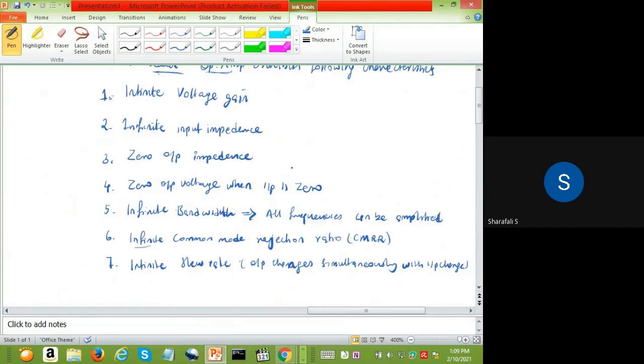That is the slew rate. In the ideal case it will be infinite, which means that if you change the input, the output will change very quickly, simultaneously. So slew rate means if you are changing the input, when the output is going to change in time. If it is happening very quickly, then the slew rate will be high. But in the practical case, we have some problems here. Ideal case, this is the condition.